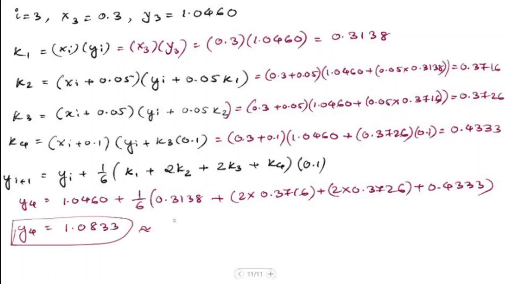So that's the approximate value of y at x is equal to 0.4.